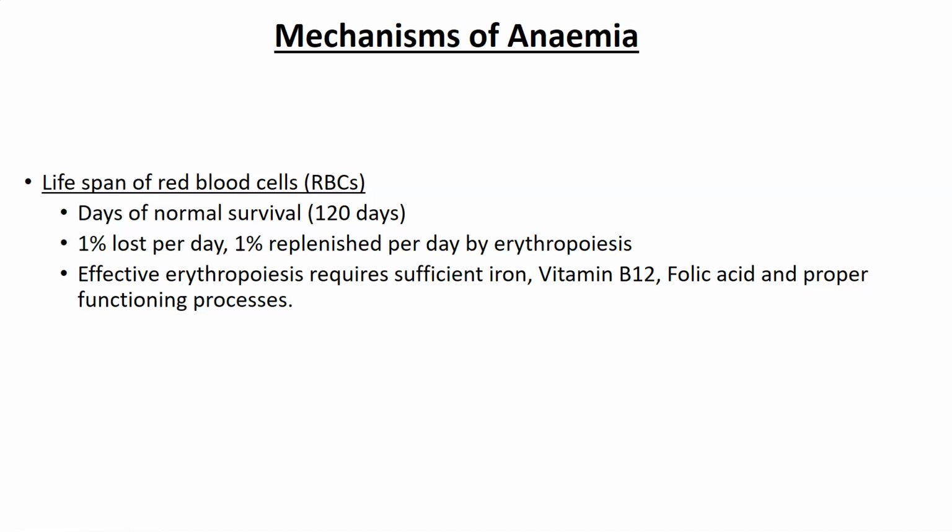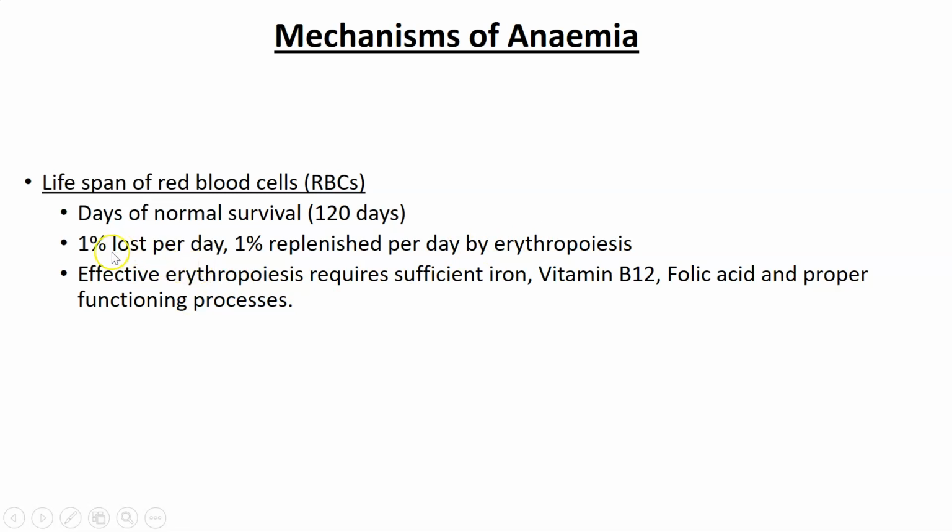That 1% that's being lost has to be replenished in order for your body to meet the demands of oxygen delivery, by erythropoiesis. So we need the kidneys to be constantly working to release the right levels of erythropoietin to get the right levels of erythropoiesis. And usually, given everything is normal, everything works fine.